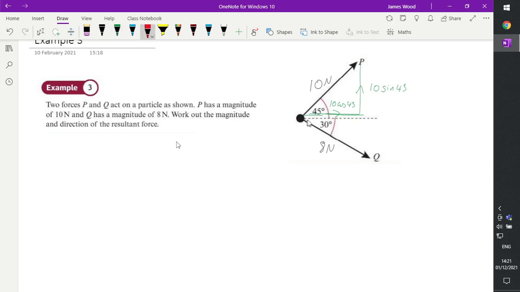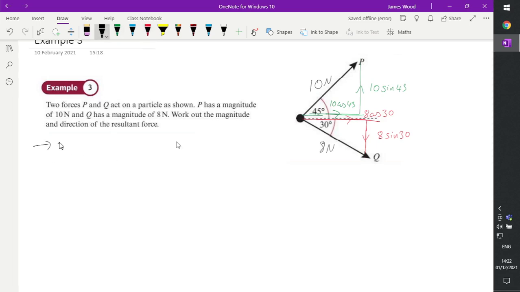Now I'm going to resolve Q. That has also got a component which is this way, and a component downwards. The horizontal component is going to be 8 cos 30 because it's adjacent to the 30, and the vertical component, which is opposite, is going to be 8 sine 30.